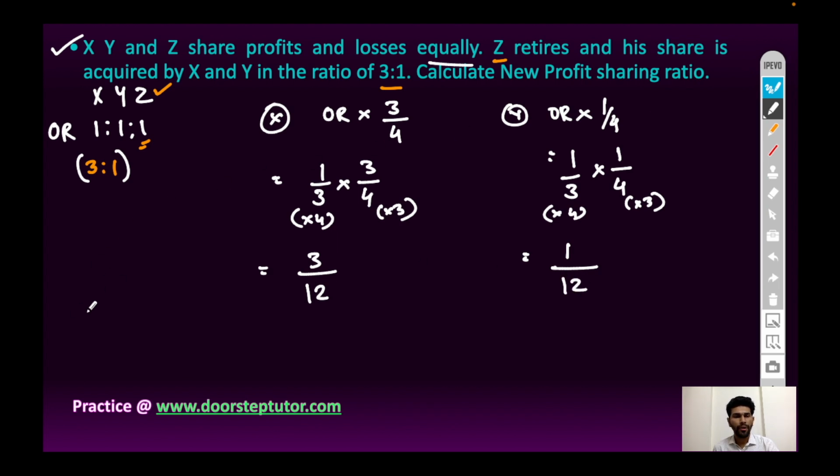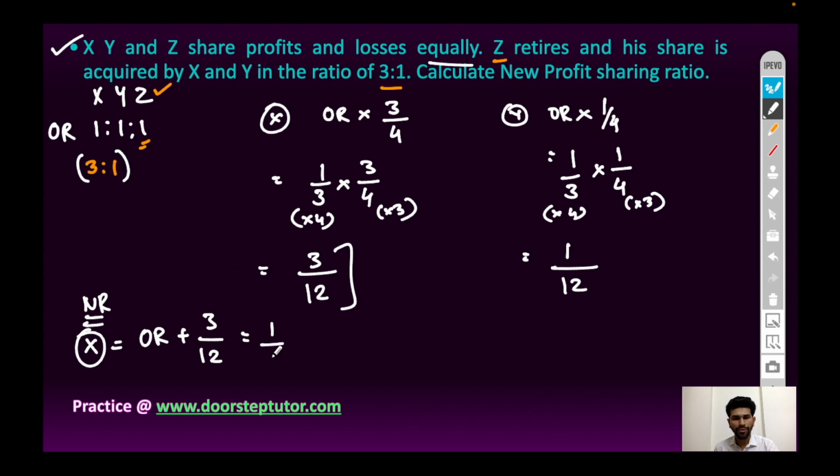Now, to get new ratio of Mr. X, we have to add old ratio with his additional share 3/12. This is the share of Mr. Z which is distributed among remaining partners in 3 to 1.